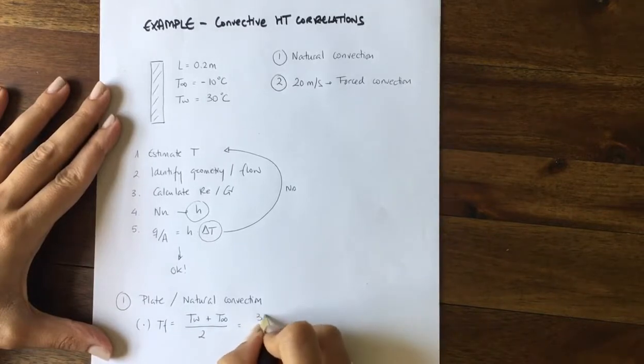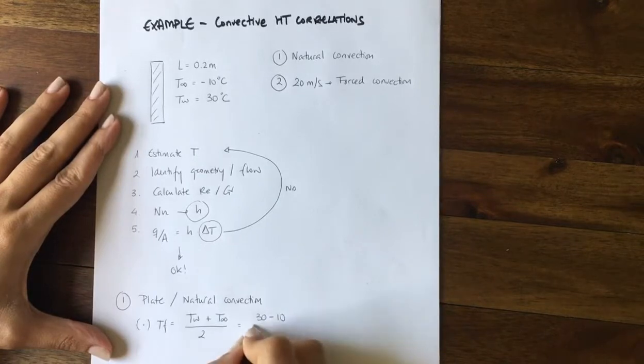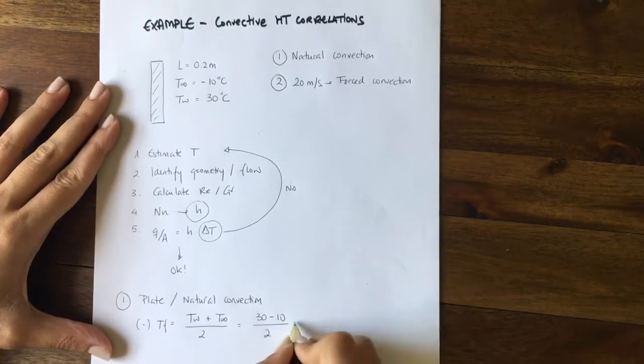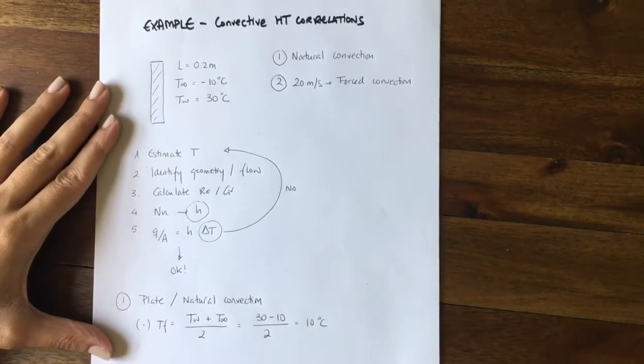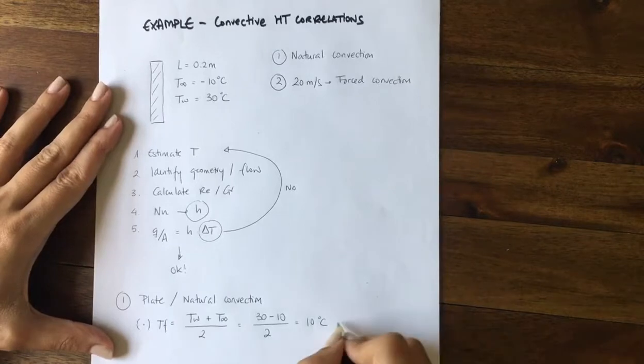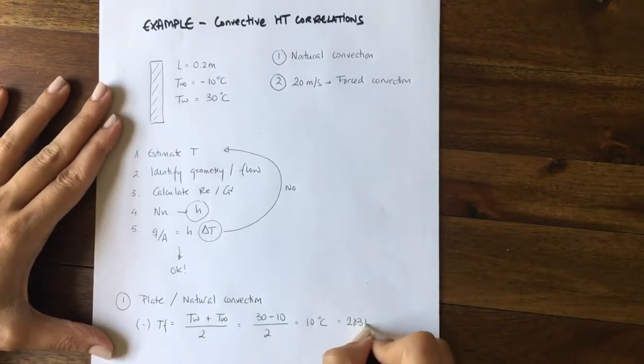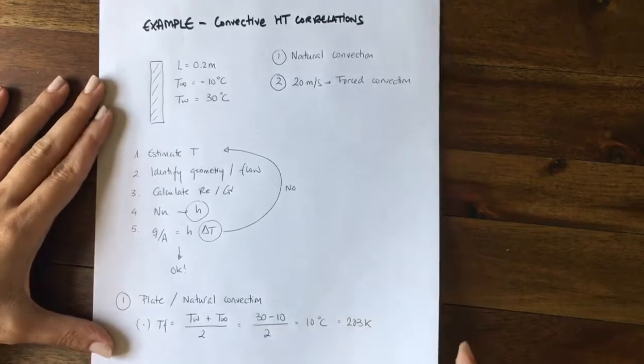So 30 minus 10 over 2, this is equal to 10 Celsius, 283 Kelvin.